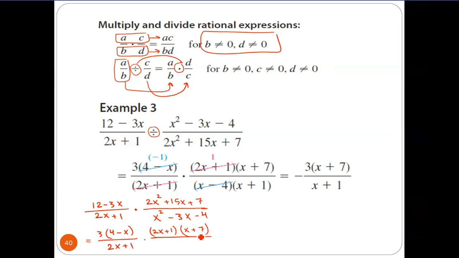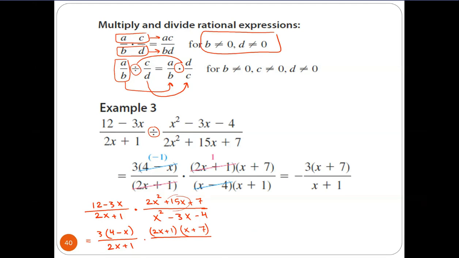Okay, if for example we put 7 here and 1, this is not correct. Why? After multiplying 2x with 1 we have 2x and 7 with x we have 7x, so the addition equals 9x, not equal 15. Okay, so the correct one is 1 and here plus 7.